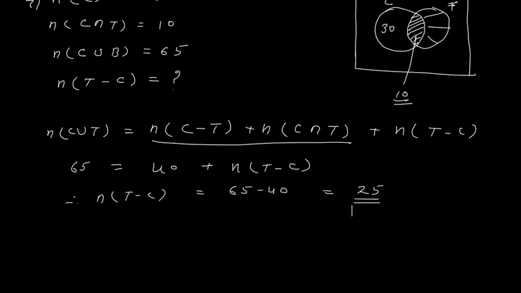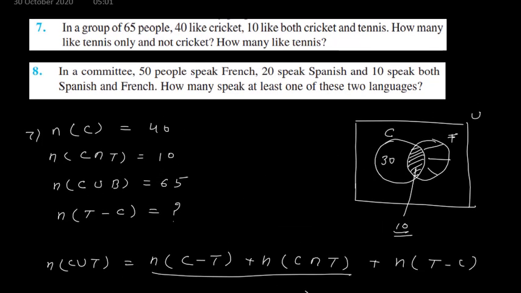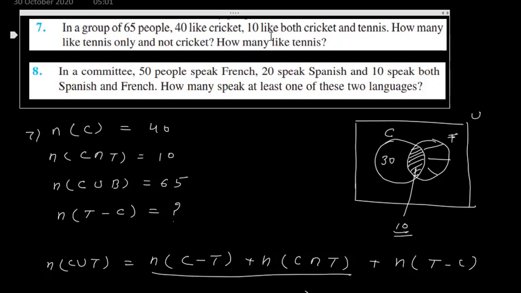And the number of people who play tennis along with cricket, I have to add this part now. So the number of T is the number of T minus C plus the number of T intersection C. This is 25 and this is 10. I will get the answer 35. So, a difficult problem, the 7th one.